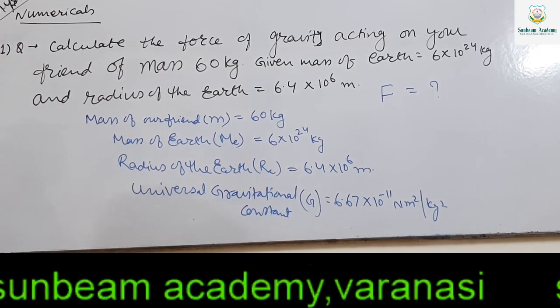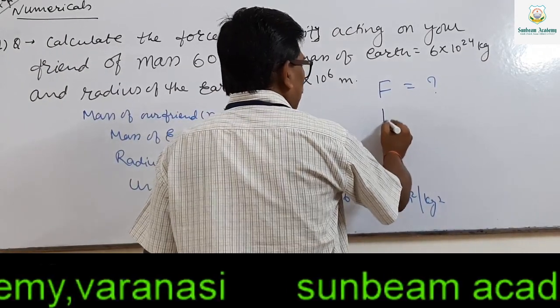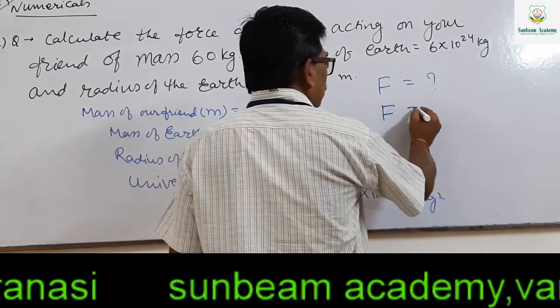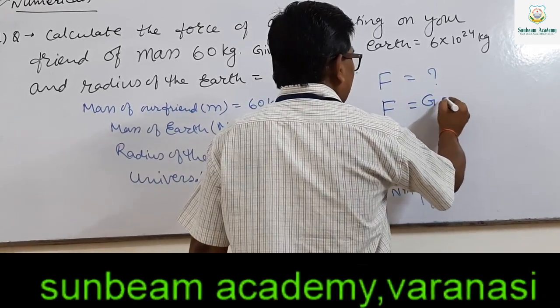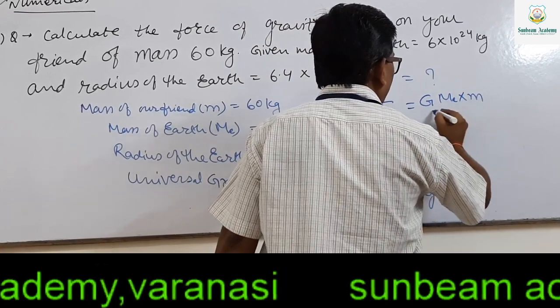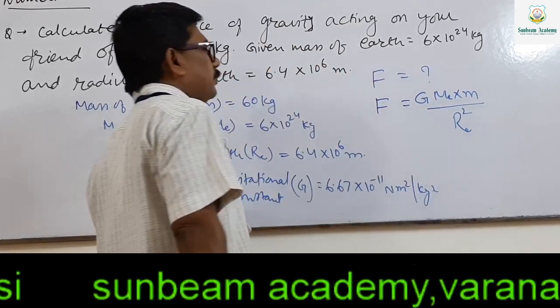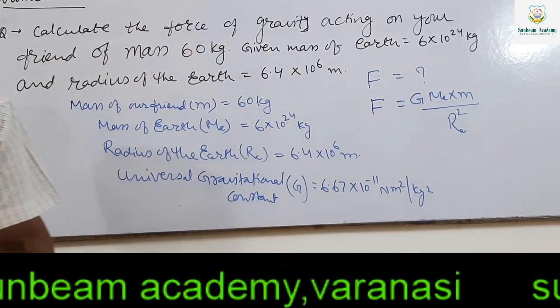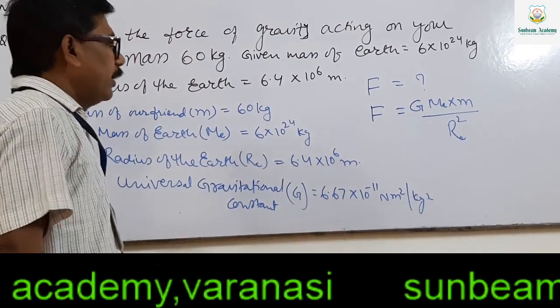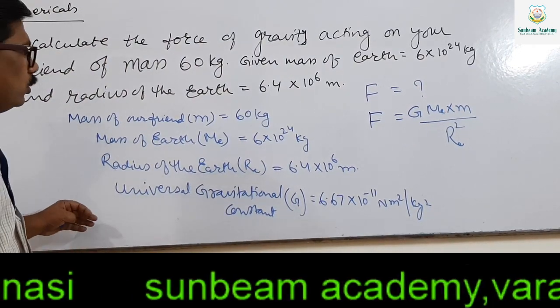Now, you know the formula. F is equal to capital G, capital ME into small m upon RE square. This is the formula of force of gravity. Now, what you will do?